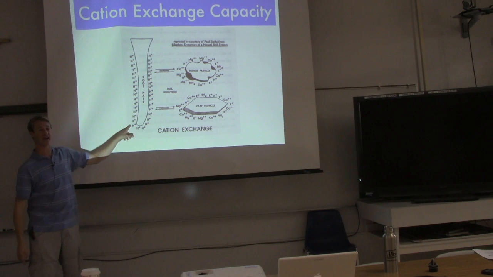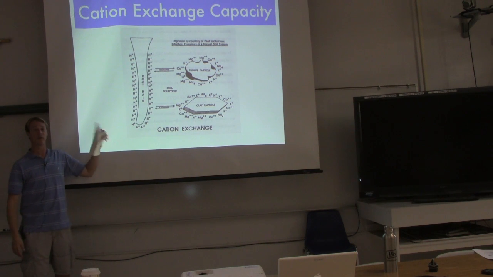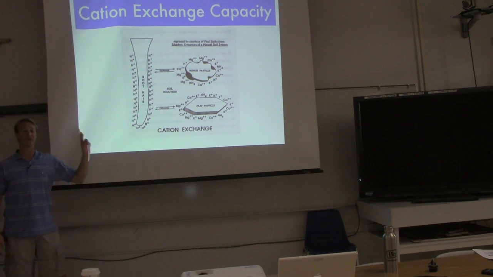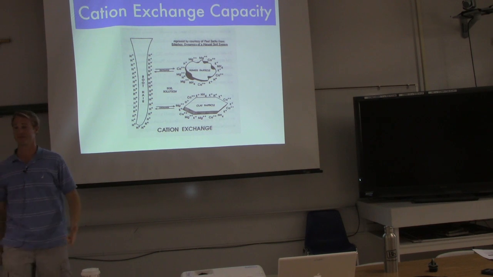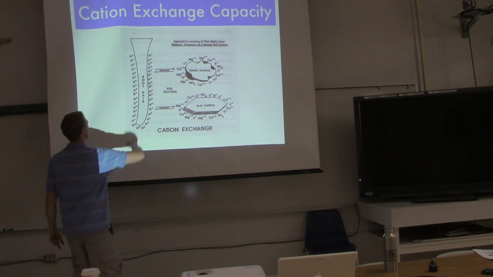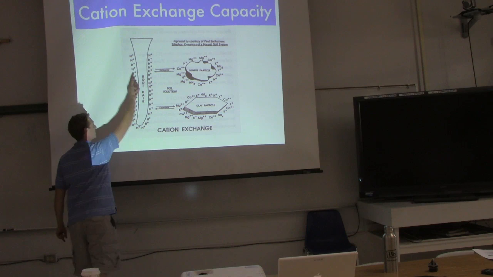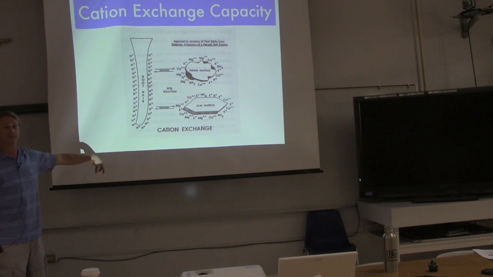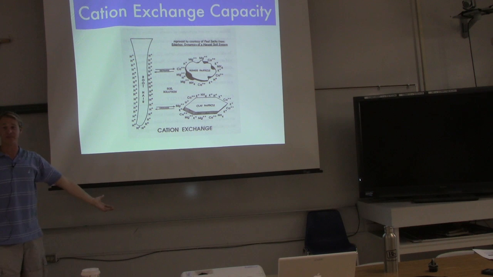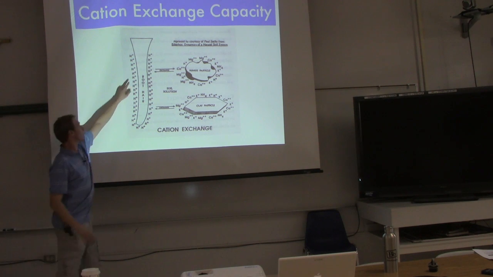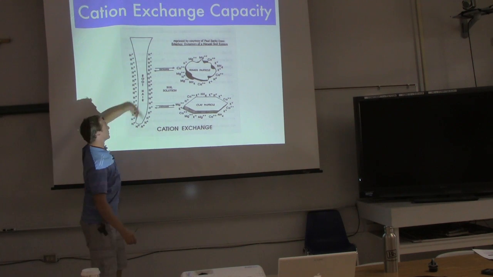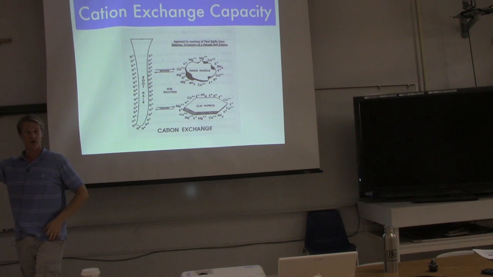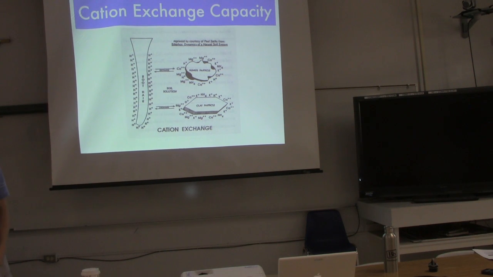Right to the side of the root hair, and it sits there, waiting for something to knock it off, something that's heavier and has a bigger charge. So, every root hair, for the most part, as you know it, if there's no minerals around, is covered in hydrogen. This means that its pH is, we're talking about hydrogen and pH, it's percent hydrogen, there's a lot of hydrogen around here. The pH just around the root hair is going to be super low, very acidic.